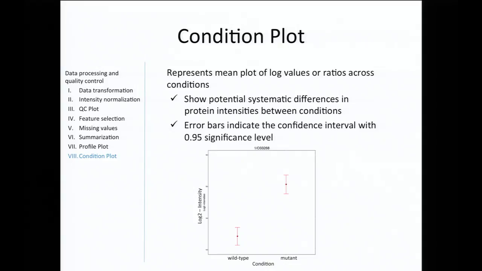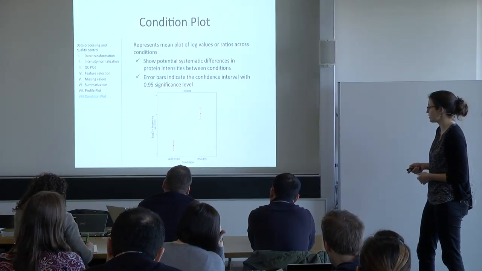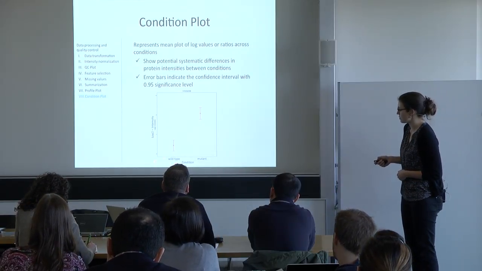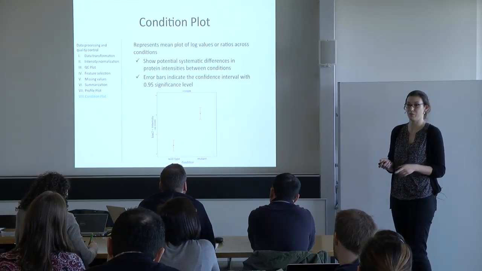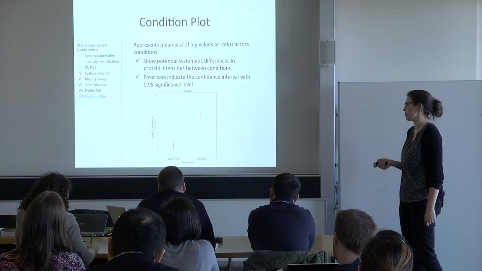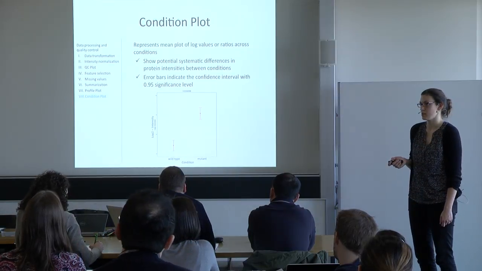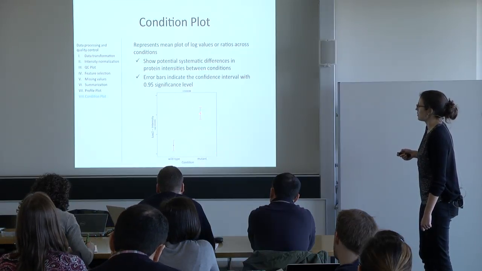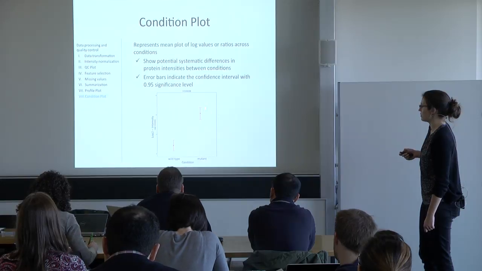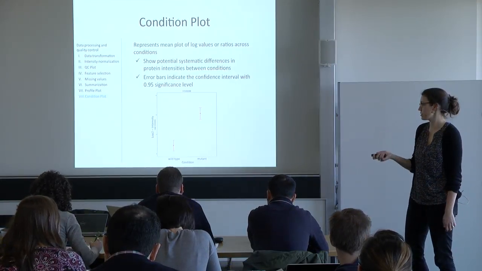The error bars here are the confidence intervals with a 95% significance level. So here you see that this was a SWATH experiment that you will also perform later in the tutorials tomorrow, I think. Here you have 3 wild type subjects and 3 mutants, and this is the mean intensity with the confidence interval for those 2 conditions summarized.